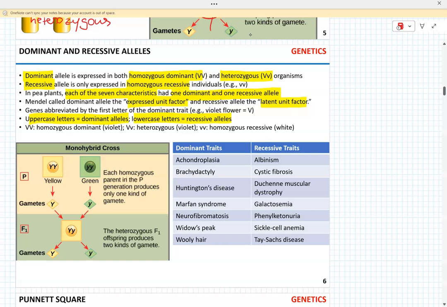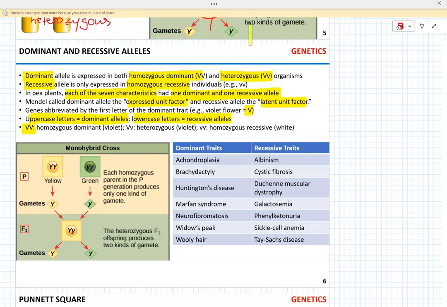And we use the first letter of the dominant trait as the name for the gene. So, for instance, violet flower is V. We don't use W because it's white flower.